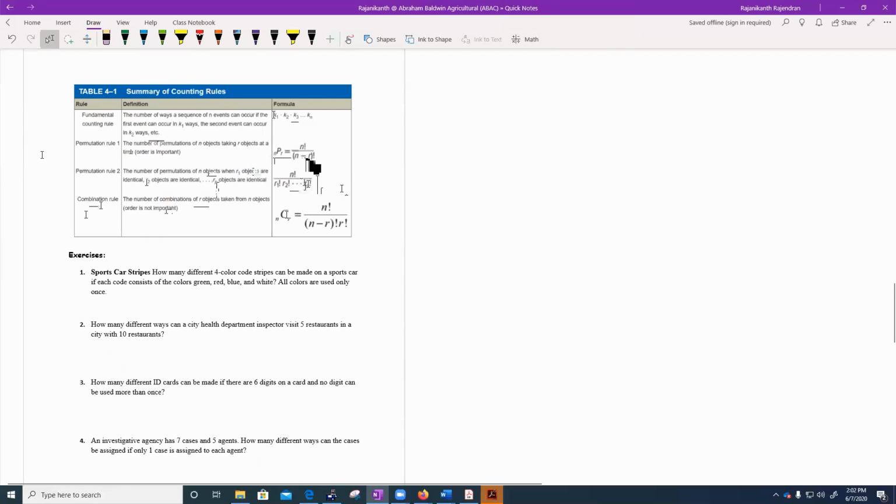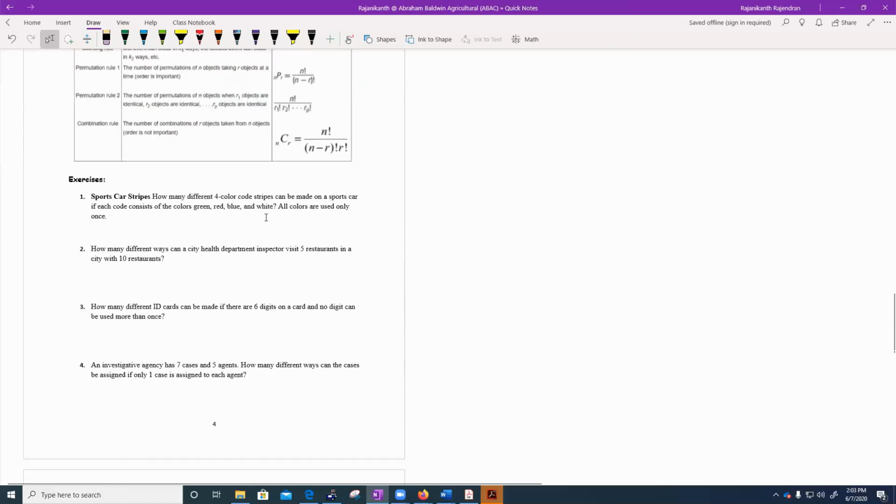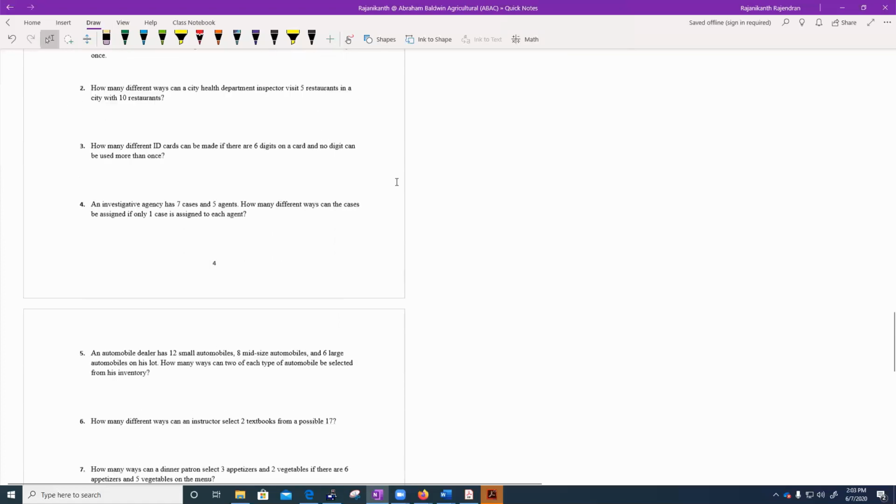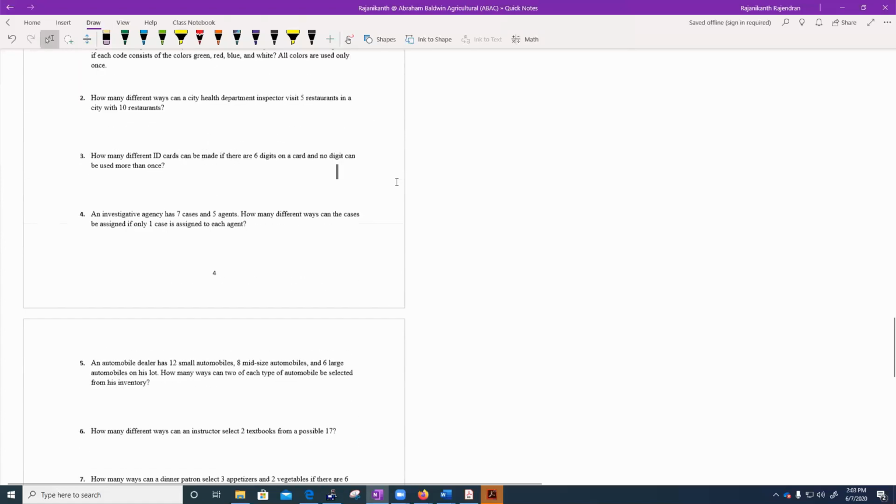The combination formula nCr is used if you choose r objects from n objects, but order is not important. You are simply choosing different combinations, so then use the nCr formula. So try to differentiate these 4 scenarios and make sure that you understand the concept of each, and that you put all the numbers in the correct place. Okay, that is the thing we need to look at, then go for this exercise.